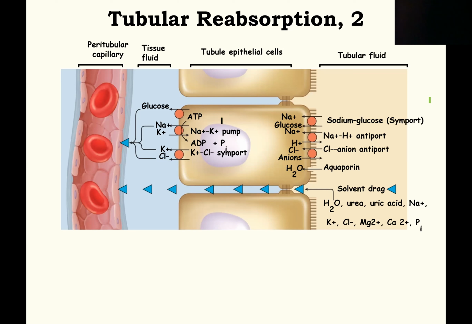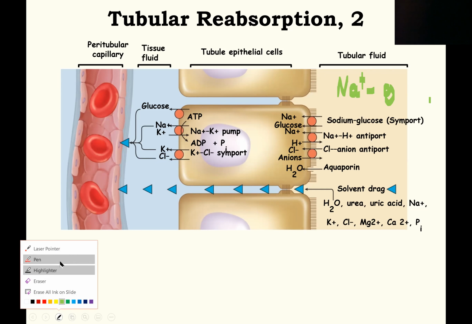So the examples, you're going to have two things put together. So for the symports, you have sodium ions and glucose. Oh, I need the pen instead.